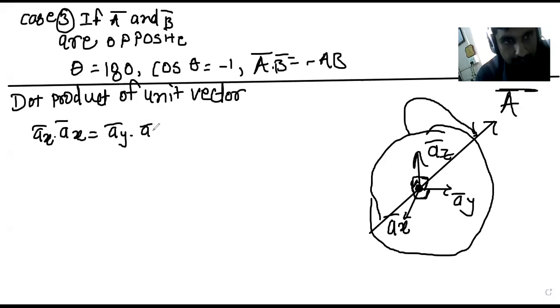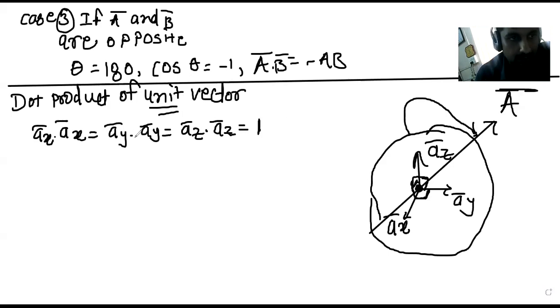It would simply give you the product of magnitudes. But what is the magnitude for a unit vector? 1. Keep it in mind, any unit vector will have the magnitude always equal to 1. Unit vector means its magnitude is unity. So answer would be 1.